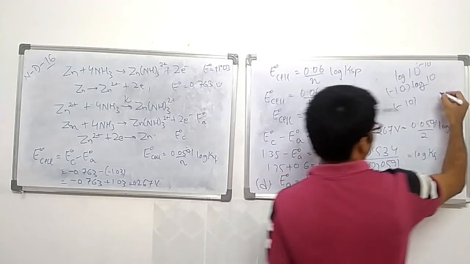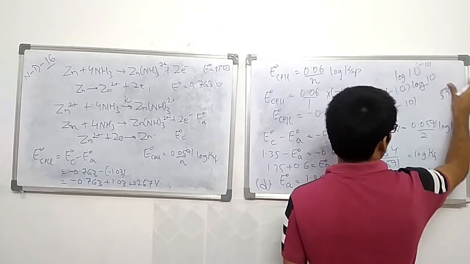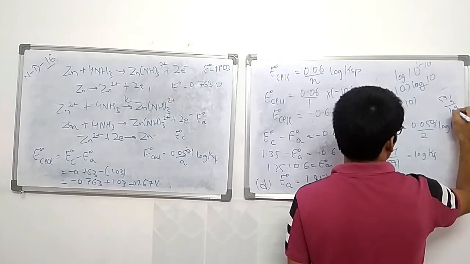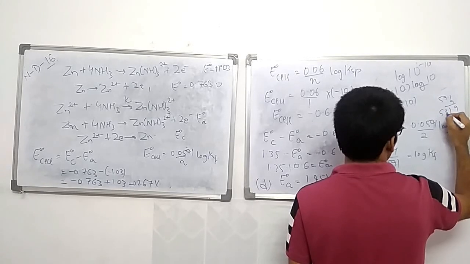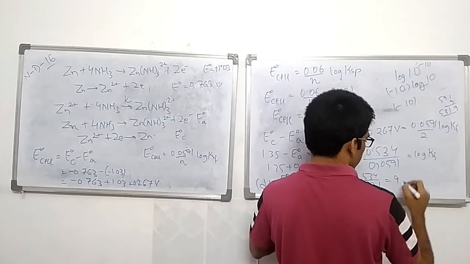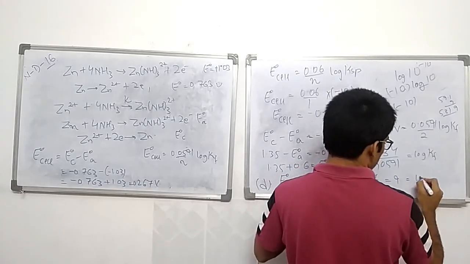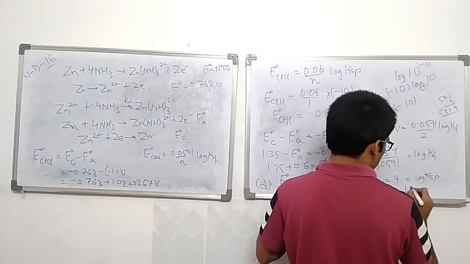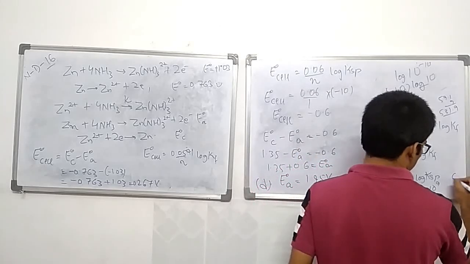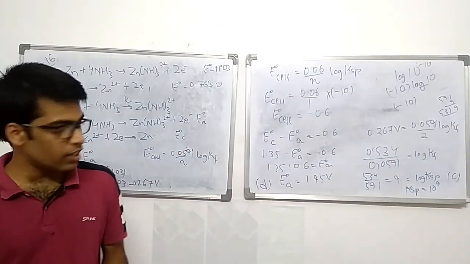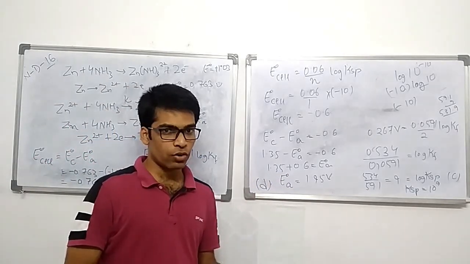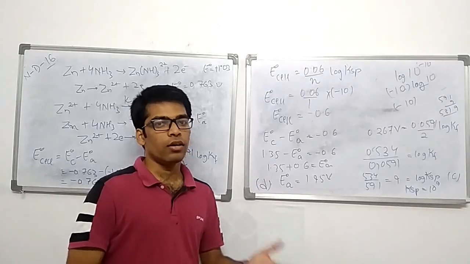Now, on doing 9 times we would get 531, so it will be 9 point something, and this is equal to log Kf. So that means Kf will be 10 power 9, which is my option number C. So these are the types of questions which come from solubility product, stability constant, formation constant, and before that we saw for the equilibrium.